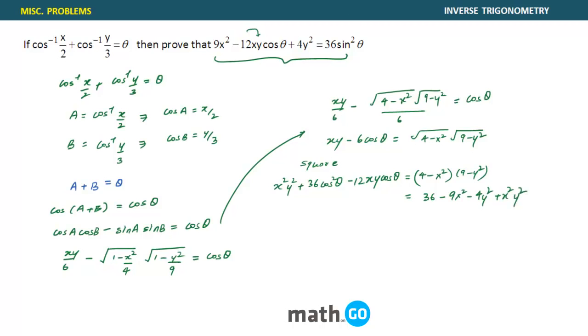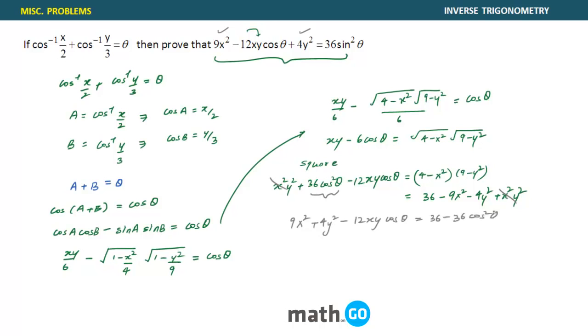If you see x square y square, this cancels out with this, right? Now you want 9x square and 4y square, you can see here also, so I will take them on this side. This becomes 9x square plus 4y square minus 12xy cos theta. There is 36 here, and I'll take this 36 cos square on this side.